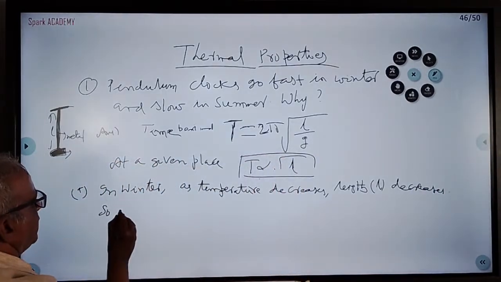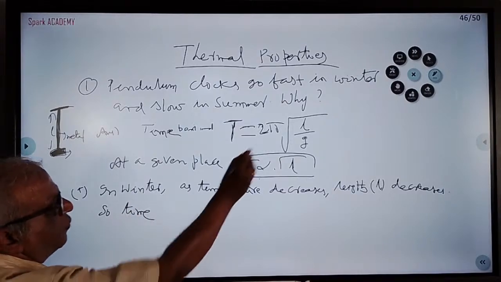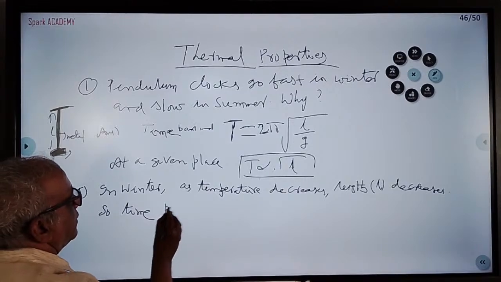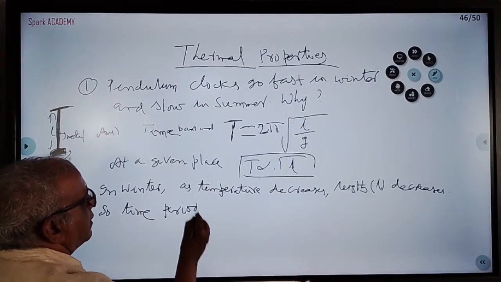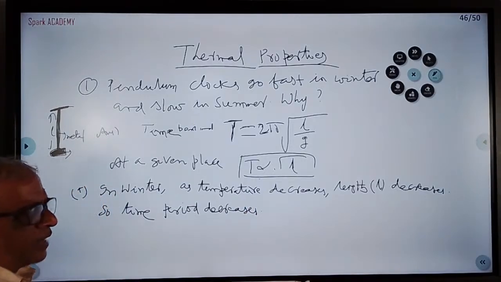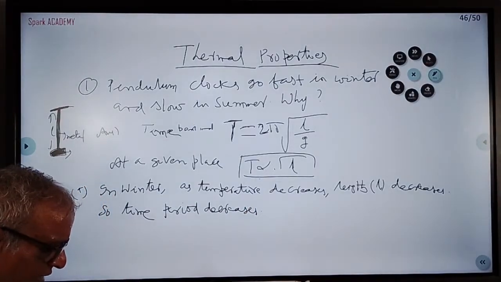So time period decreases, because time period is proportional to L. Temperature decreases, length decreases, so time period decreases. Time period decreasing means the time taken to complete one oscillation is decreasing.